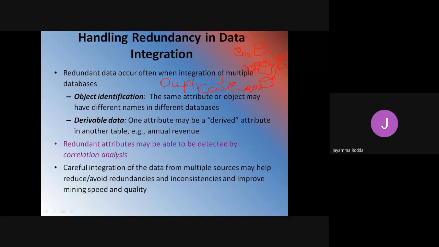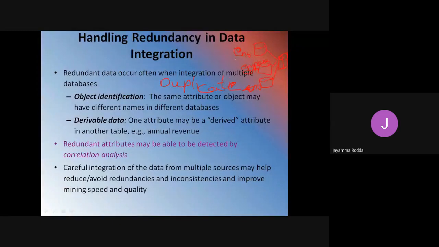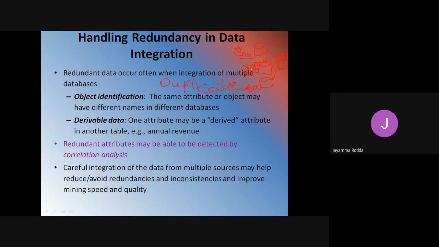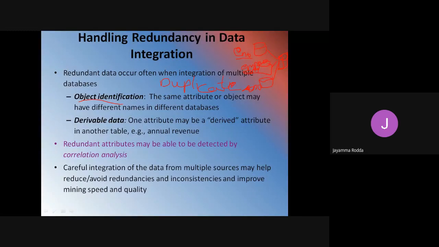Since it is an employee database, it will definitely have an employee number, used as a primary key, with which you can identify an employee, not with the name. Employee number, employee number, employee number, but each of them is named differently. So this is the object identification problem, because the same attribute has different names.